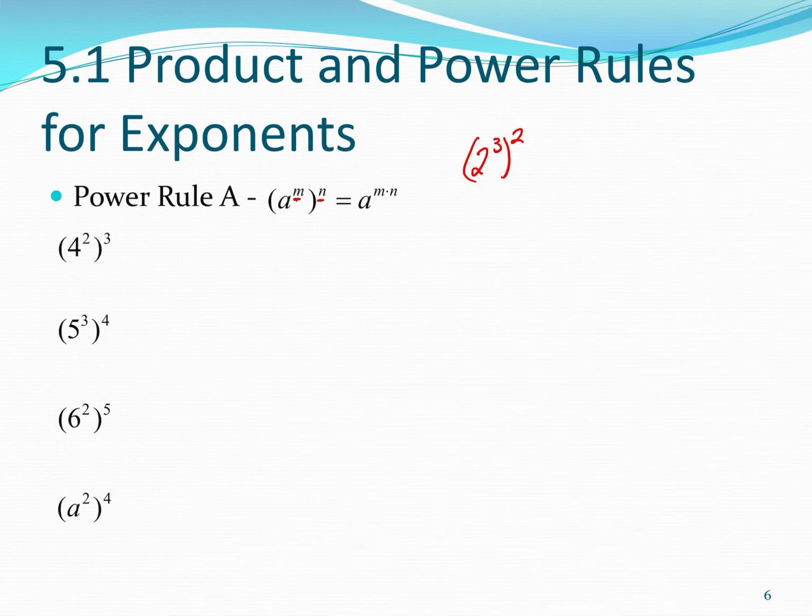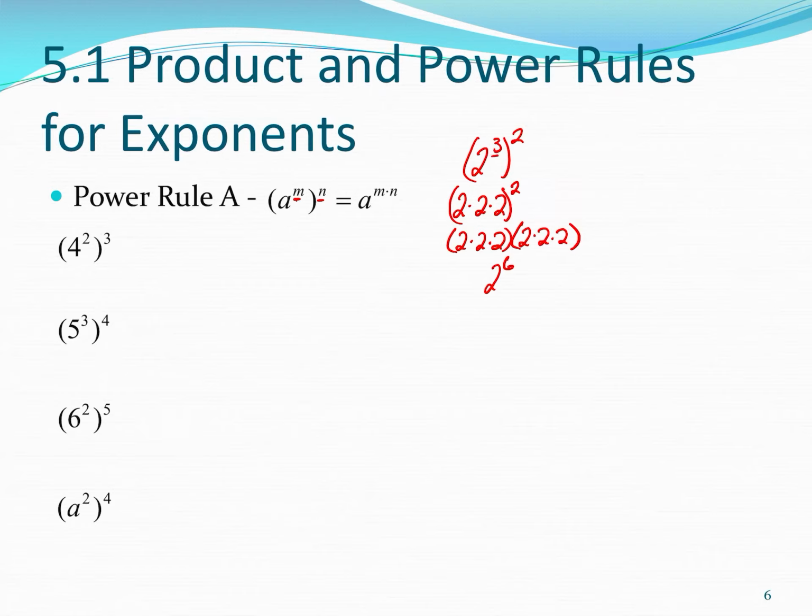If I ask you to find 2 cubed squared. Well, if you think about literally what does that mean, well, 2 cubed is 2 times 2 times 2. But then you're squaring that, and so you're doing it twice, and so 2 times 2 times 2 times 2 times 2 times 2 would give us all of those 2's multiplied out. Well, again, how many is that? Well, it's just 6, right?